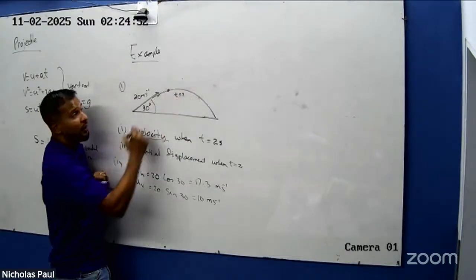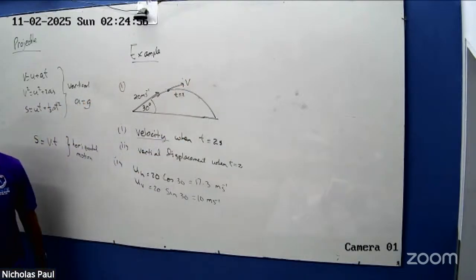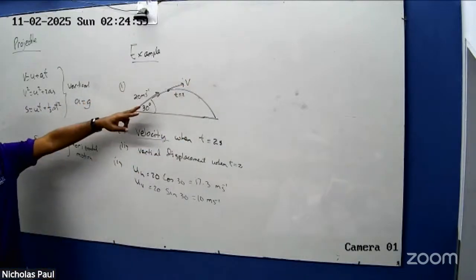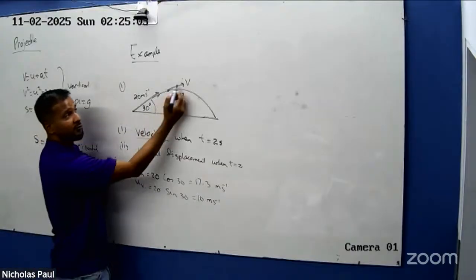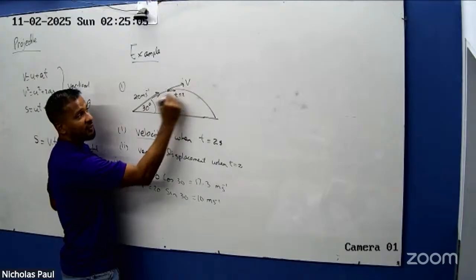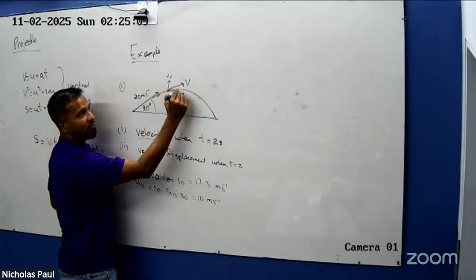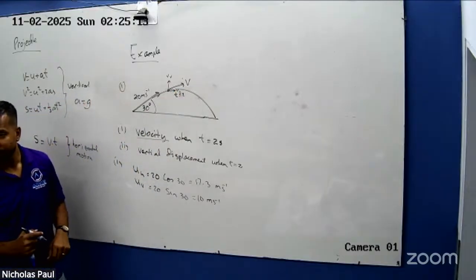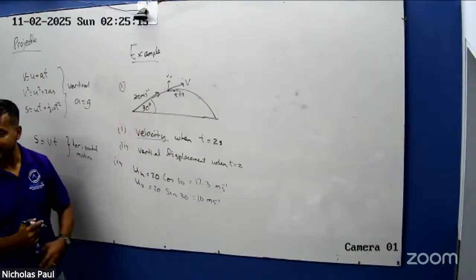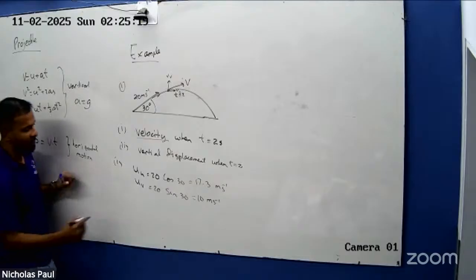So they want the velocity here, v. In order to find the velocity v when t is 2, what do I need? I need the horizontal component and the vertical. And then do what? And then Pythagoras.